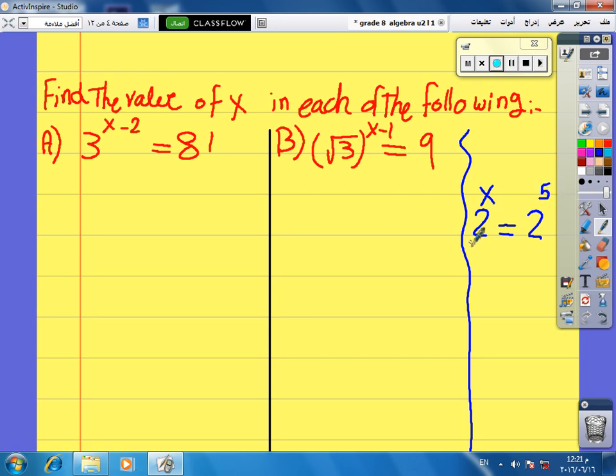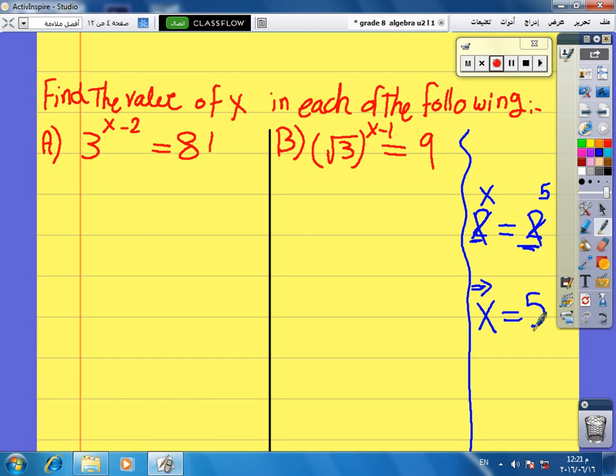This is the same base, so I will cancel the base, and notice that x equals 5. I will use this rule in this example.